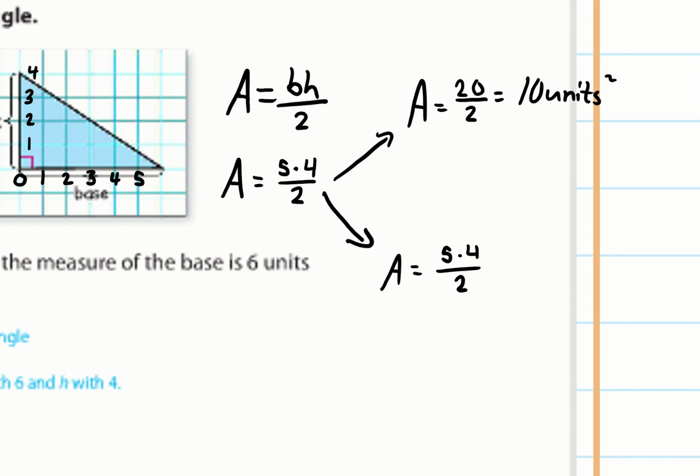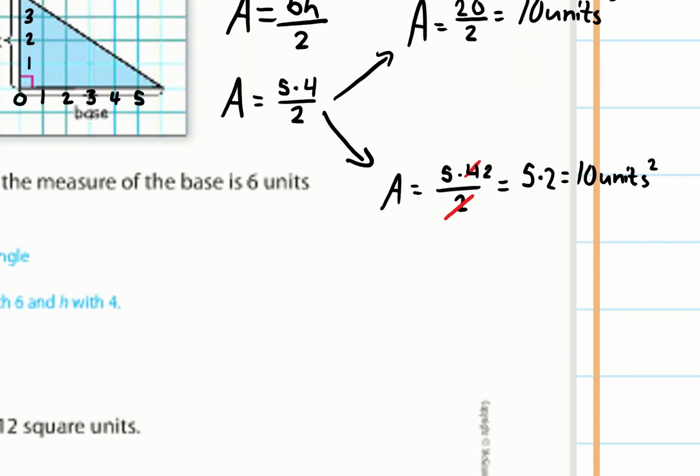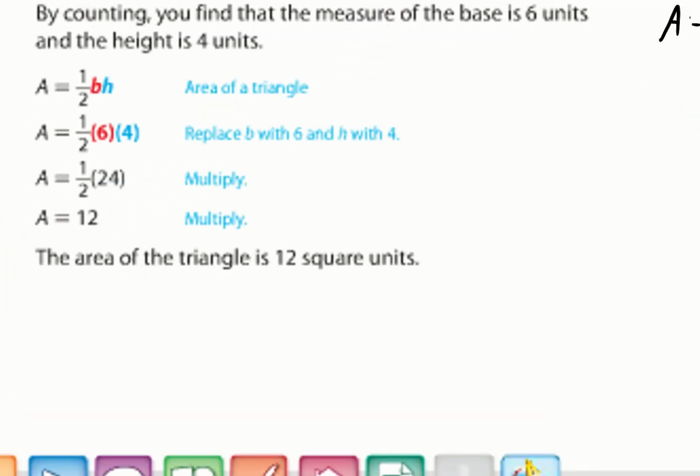I can simplify my 2 and the 4, so my 2 goes away and my 4 becomes a 2. Now that's 5 times 2, which equals 10. Whichever method works for you. Eventually I would like everyone to be using this method because it becomes shorter in the long run.